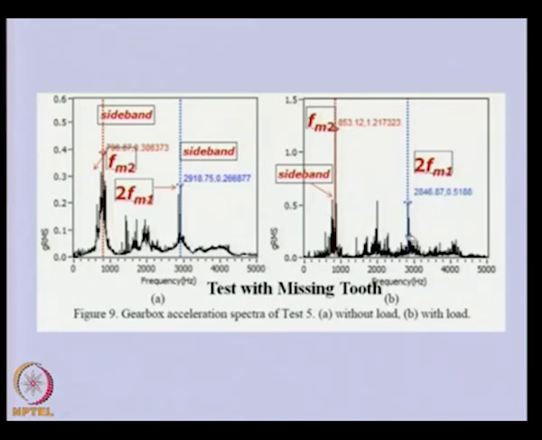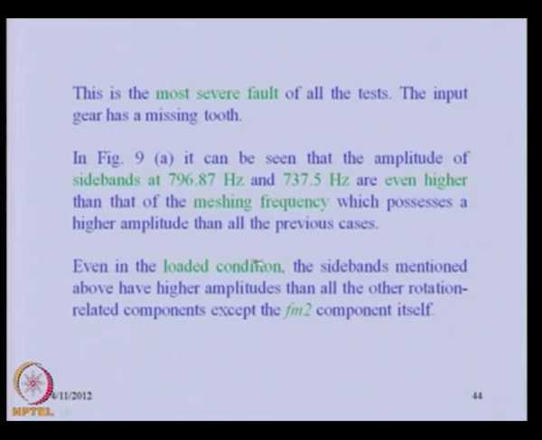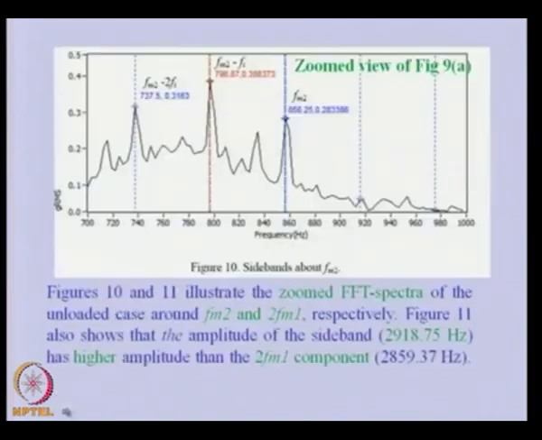FM1 is present here. Here the second harmonic of FM1 is more predominant. So, this kind of modulation can take place even in the loaded condition, the sidebands mentioned above have higher amplitude than all other rotational related components except the FM2 component itself. So, sideband is one particular phenomenon which we can observe in this kind of fault.